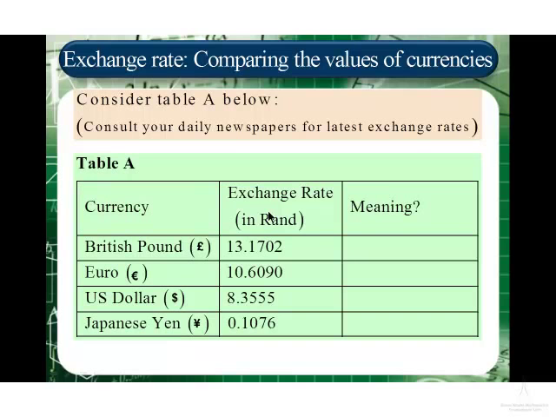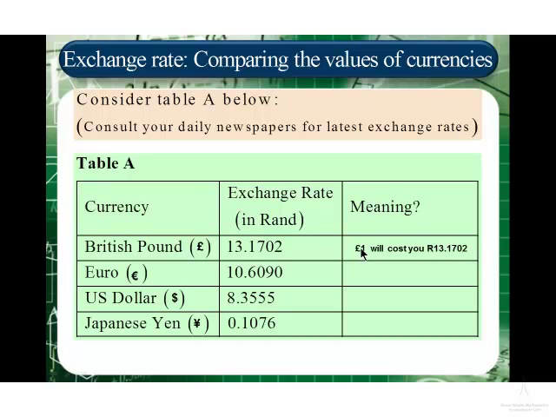For example, the exchange rate in Rand for the British Pound in this case will be 13.1702. What is the meaning of that? Well, we have to pay 13.1702 Rand to buy 1 pound.